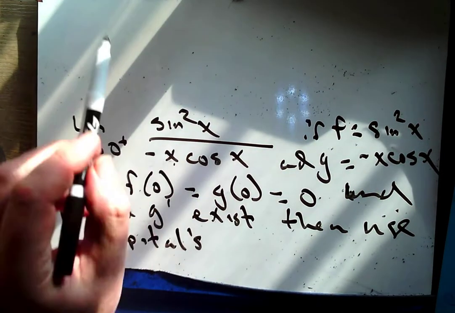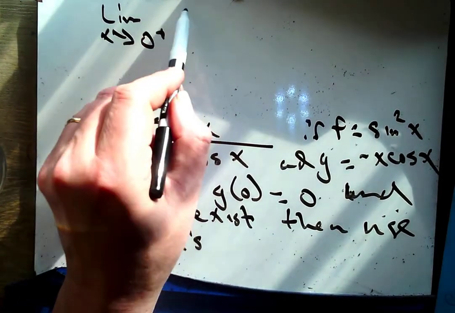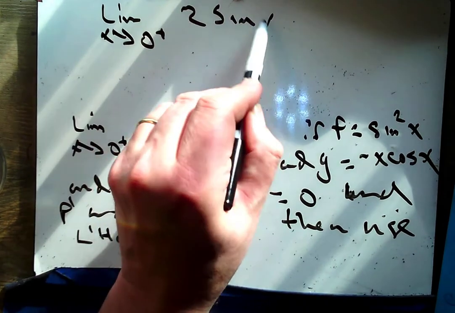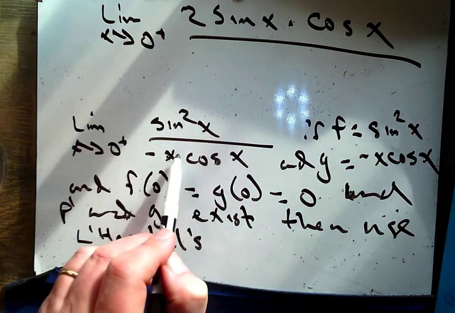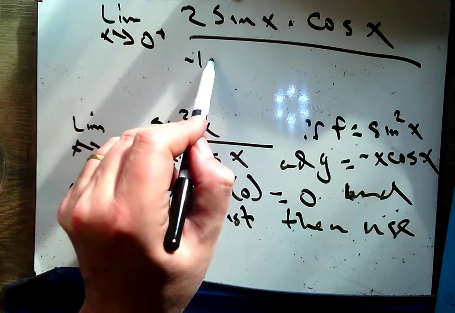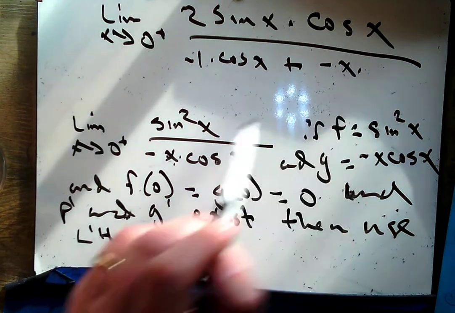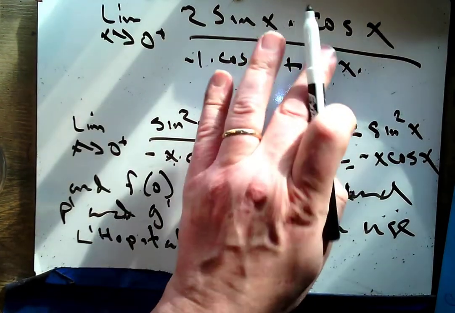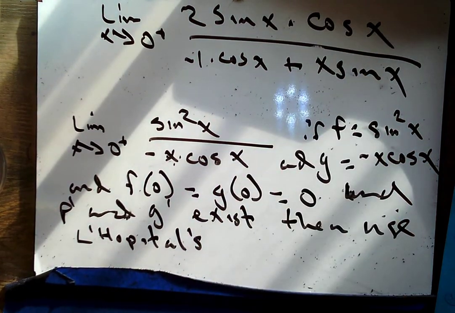Okay, use L'Hopital's, I get the limit as x heads to 0 from the positive of 2 sine x cosine x over, product rule, negative 1 times cosine x plus negative x, negative cosine is sine, so I'm just going to say x sine x.